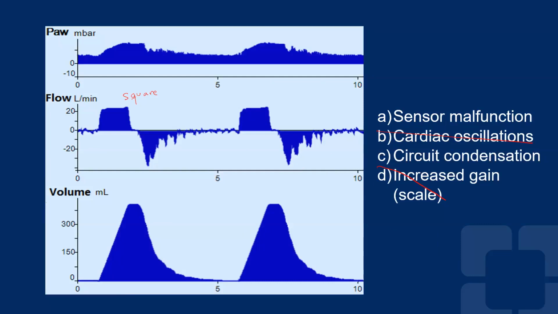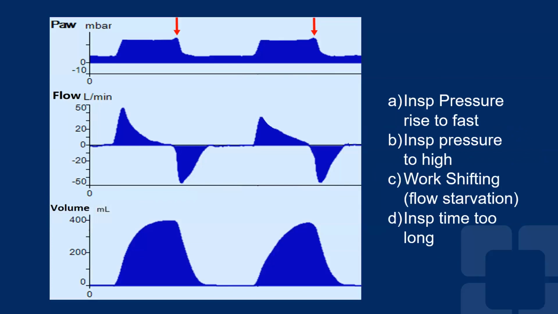Instead of the beautiful exponential decay that you see on this one, you see a little bit of that. And you see that the peak flow is not as sharp as on the prior breath. So there's some work shifting, but it's not flow starvation. When it's flow starvation, you would expect the pressure to drop below the baseline, which you don't see.